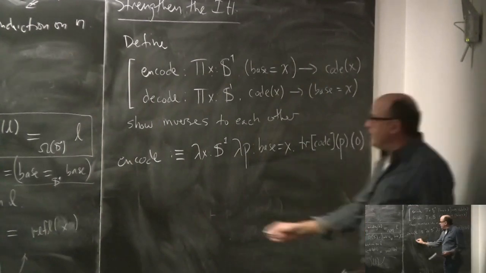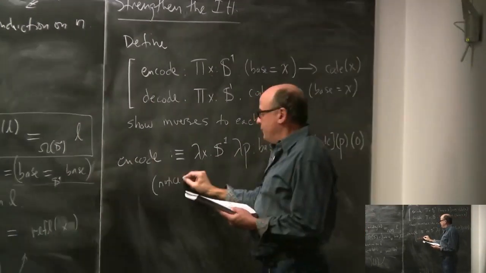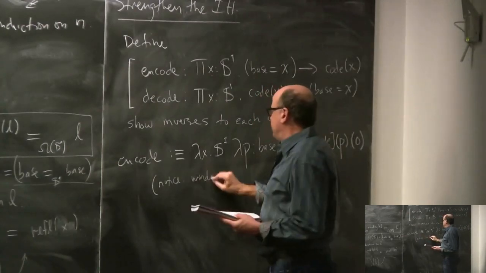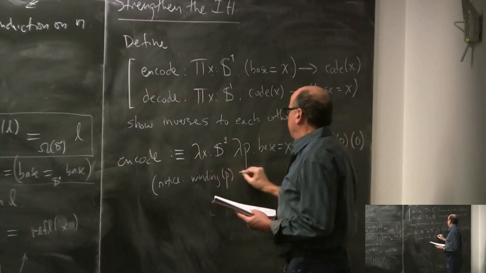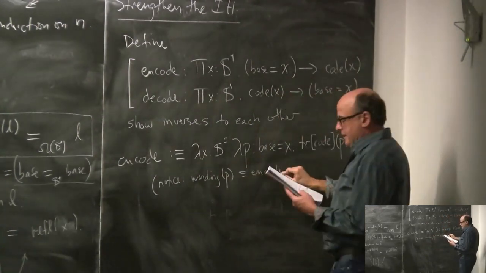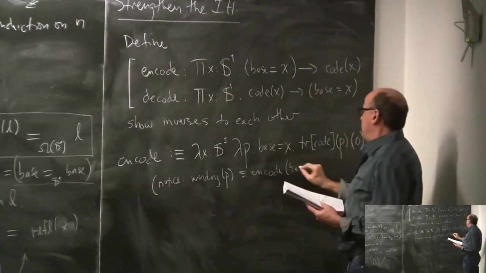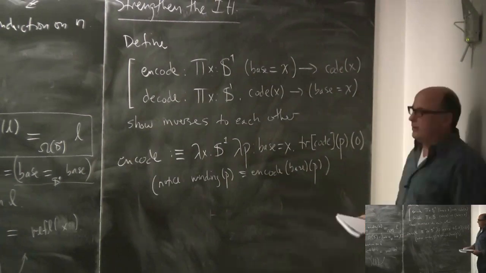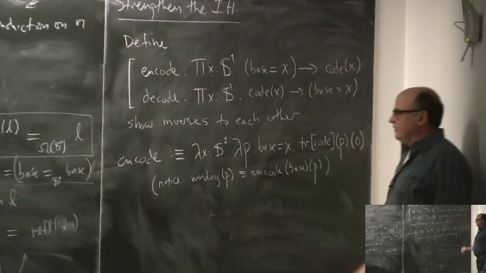So therefore, we notice that winding of p, as I've defined it before, is then going to be the encode. This is a more general thing, encode of base and p. You'll just notice that by the way we defined it before. So that's what I do here.